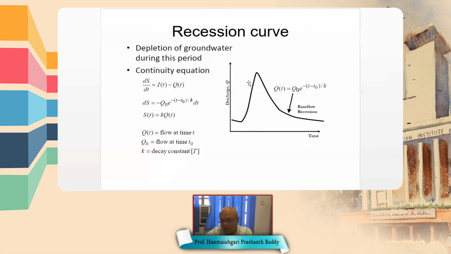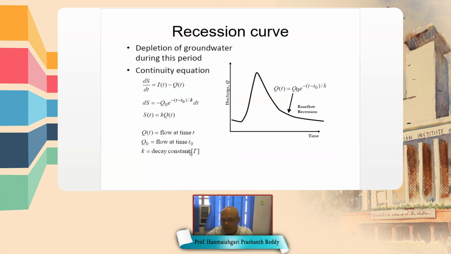By using a continuity equation for a linear relationship between storage and outflow, we can develop an equation for the recession limb, which is given by Qt = Q0 e^(-(t - t0)/K).